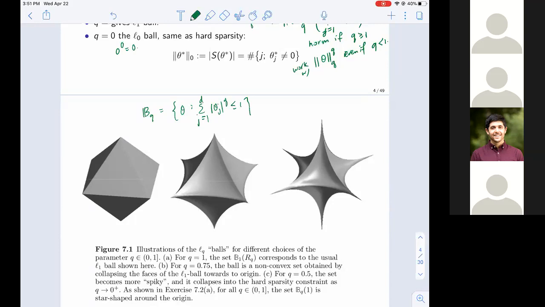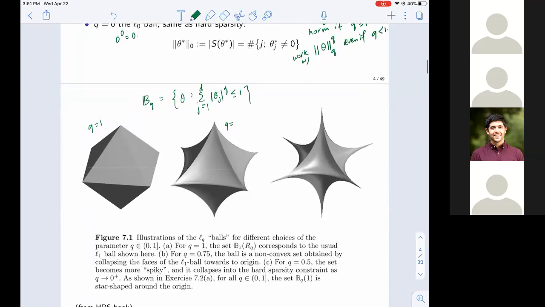I can plot this for different Qs. This is Q equal to 1, this is Q equal to 3 over 4, and this is Q equal to 1/2.